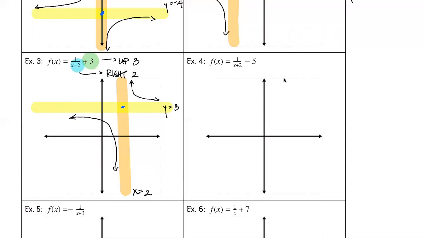All right. Well, it looks like example 4 is pretty similar, but we're moving things in some different directions. So x plus 2, well, we know that means we go to the left 2. And this -5, well, if +3 means up 3, then I think we know this -5 means down 5.